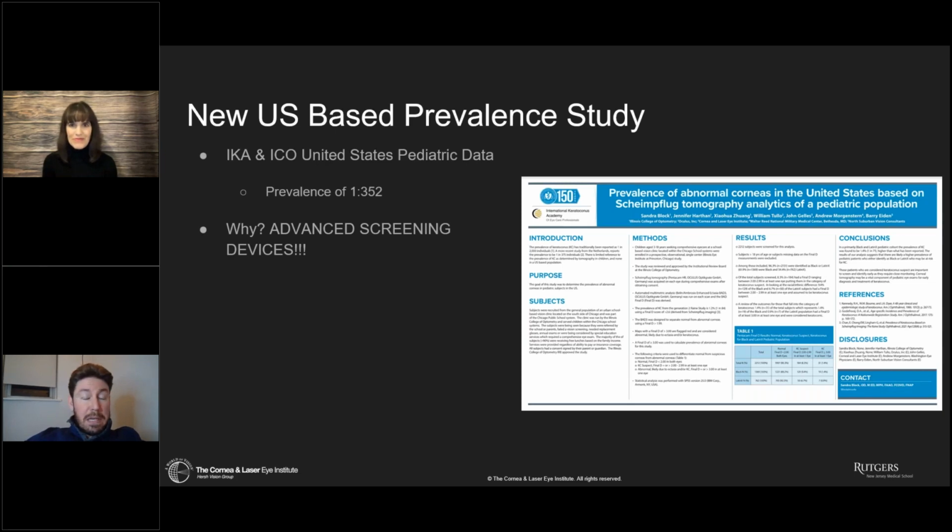Well, it's significantly higher than what anybody had previously had. And in the US, this is a very unique study, being associated with the School of Optometry and being a broad observational study. Every individual that went into that pediatric clinic was screened as part of an entry exam.